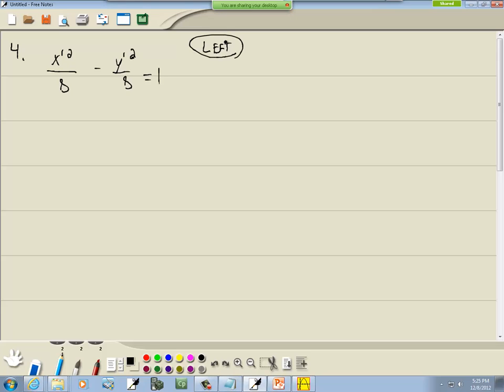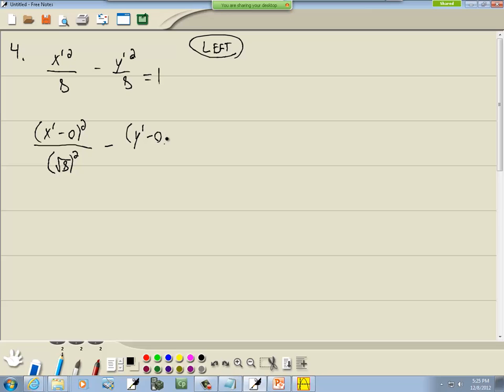Well, we want to write strictly in standard form, which means the top part needs to be x plus or minus a number. Well, this will be x prime minus 0 squared. Remember, you can always do a minus 0. This 8, I can put a square root around it and write it that way, because we want to write that as something squared. Go watch the lesson on hyperbolas if this is totally confusing to you.